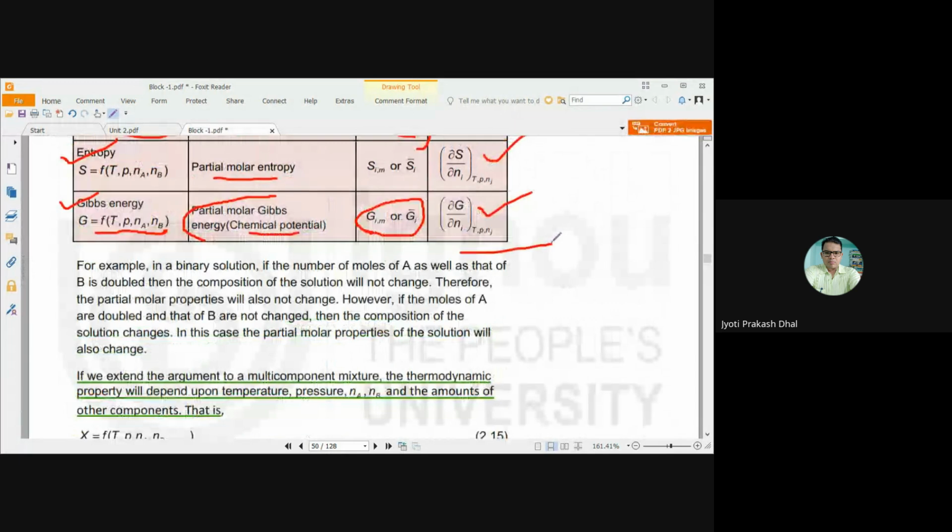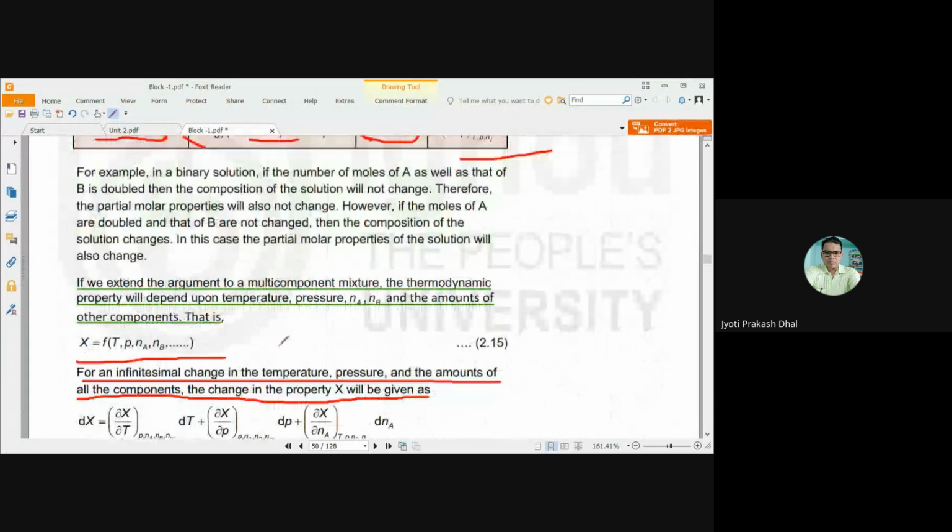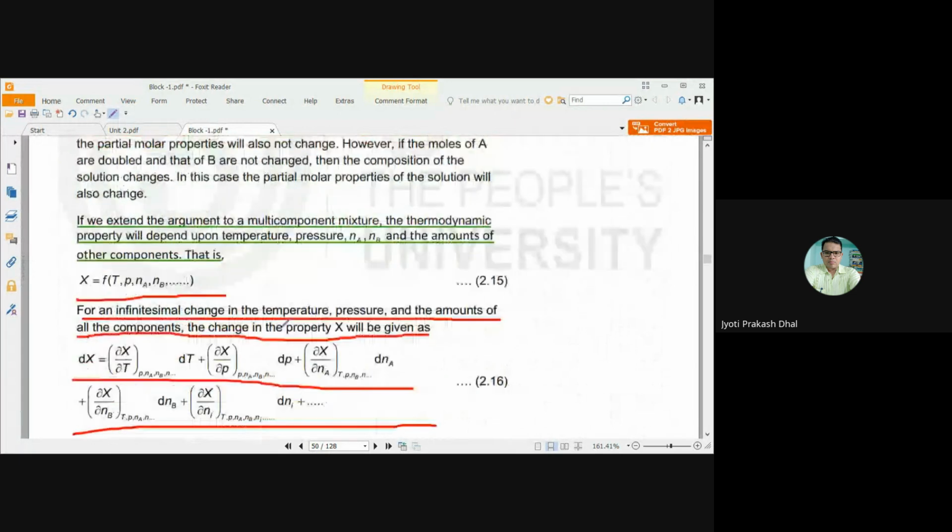If we extend the argument to a multi-component mixture, so up to this we have discussed the binary case, then the thermodynamic property will depend upon the temperature, pressure, NA, NB, and the amount of the other components also.